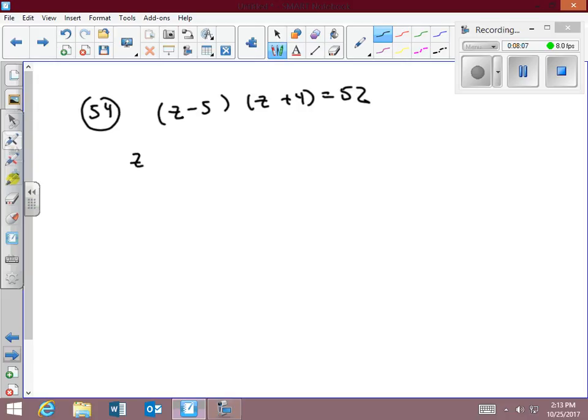So it's Z squared. Outside is a plus 4Z. Inside minus 5Z. And the last term's negative 20 equals 52. Now what are we going to do?